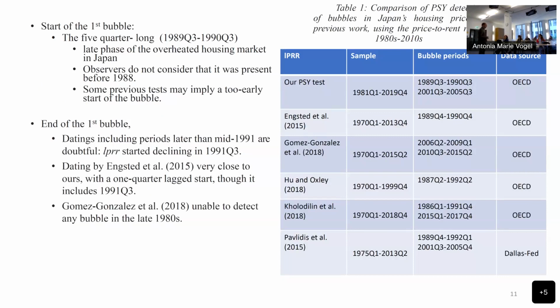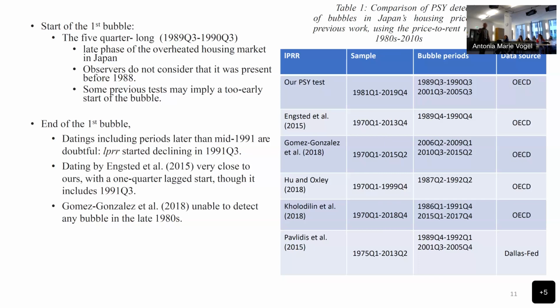Of course, we need tools, but they are not enough, in the same way as we need judgment, but it's not enough. Well, this is very well known. The thing is, of course, observers basically say that this bubble was not there in 1980. So maybe we have to be careful not to date the start too early.